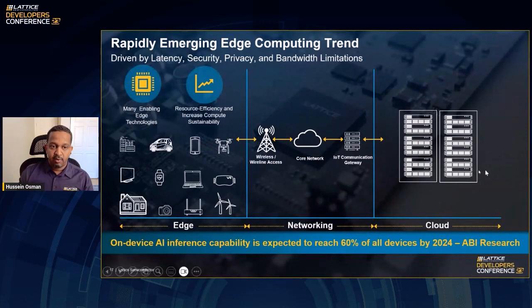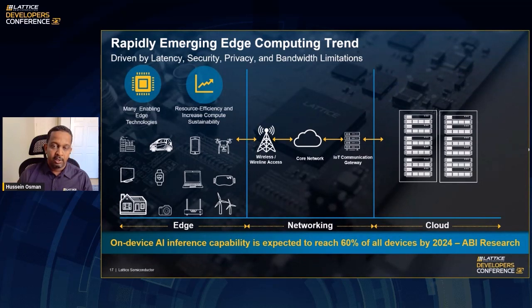The trend that we are seeing here is a significant movement of compute from the server to the edge devices. And that's driven by things like latency, privacy and security concerns that users have, bandwidth limitation, and the number of cameras that are always running and uploading information to the cloud. So it's better for the user to have that compute, or a significant part of it, happen locally within the edge device.